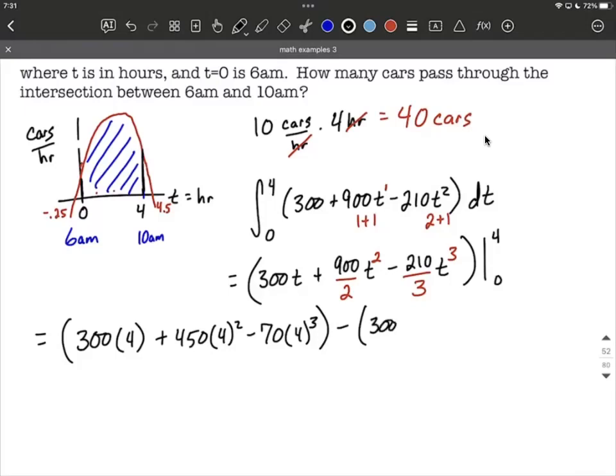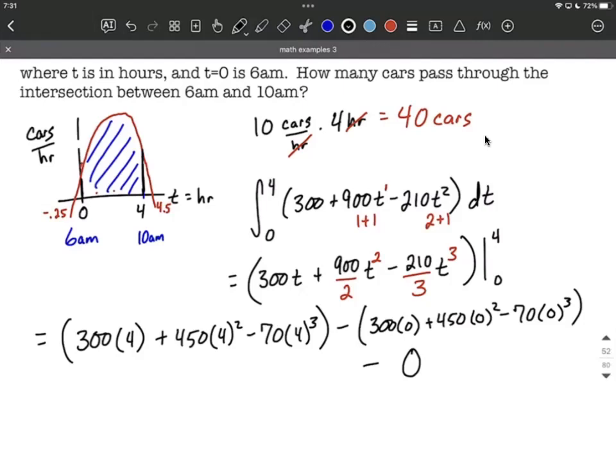So in this case, 300 times 0, plus 450 times 0 squared, minus 70 times 0 cubed. Now lucky for us, when you multiply by 0 or 0 squared or 0 cubed, all of that becomes 0. That entire big set of parentheses is subtracting 0, so we don't have to really worry about that part.